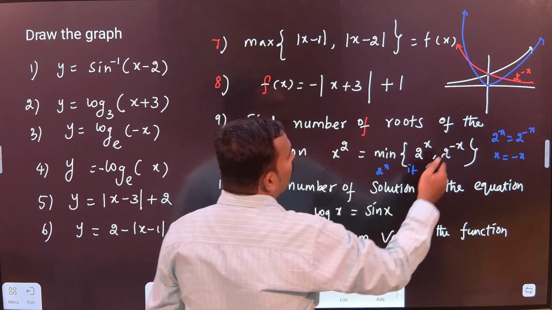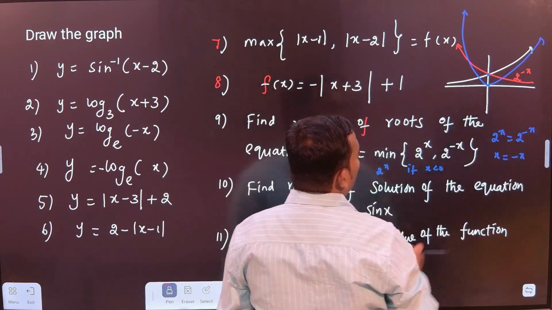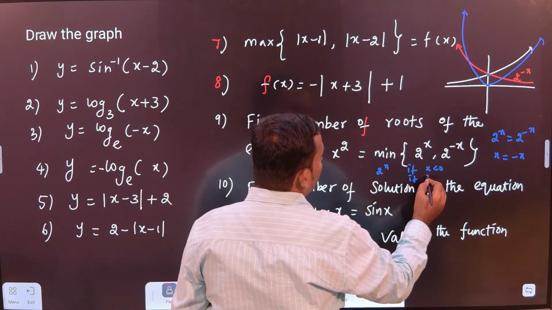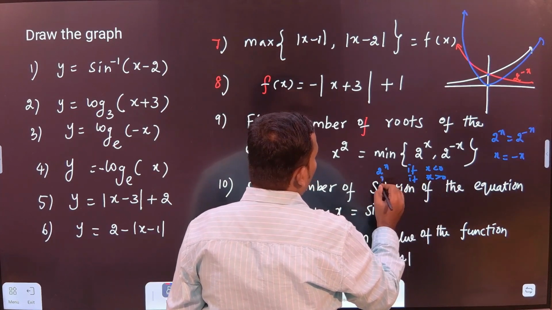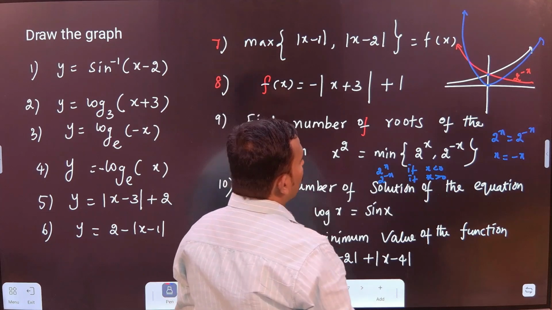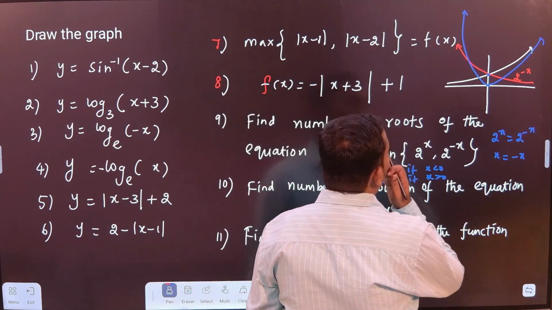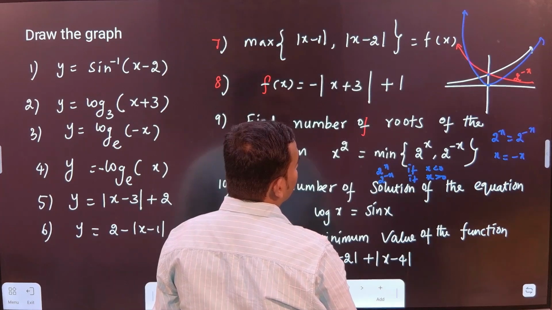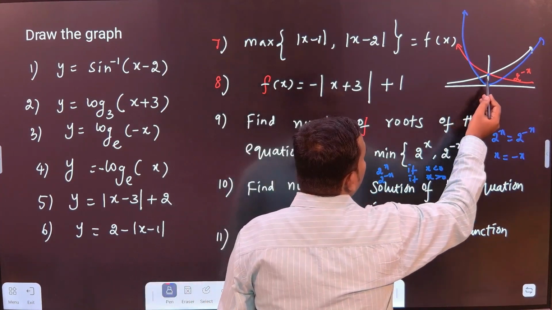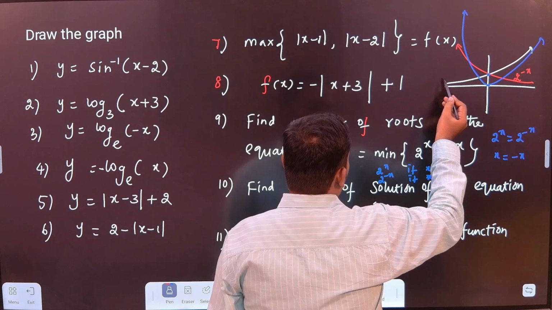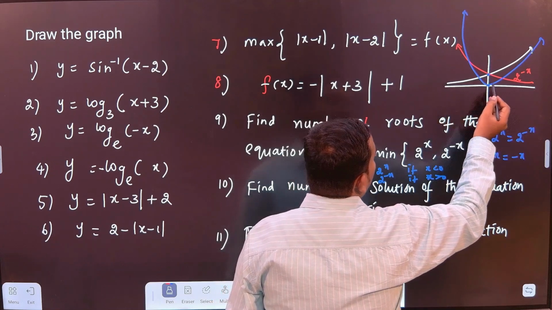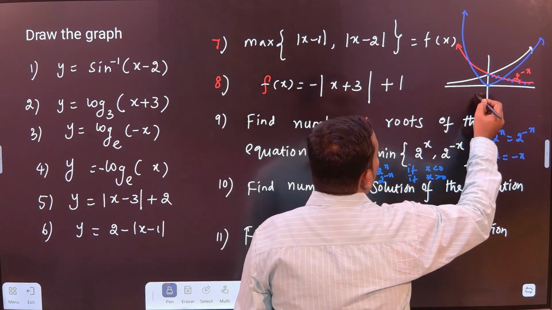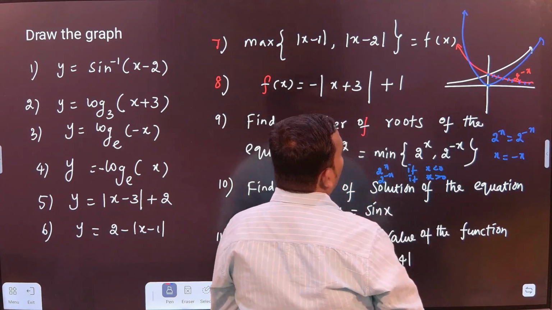If x is greater than 0, 2 power minus x is the minimum. So the graph is, when x is less than 0, 2 power x is the minimum, this portion. Understand? Okay.